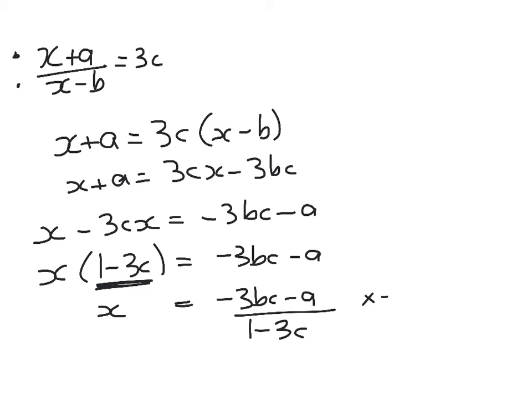And I'm going to multiply numerator and denominator by negative 1, and I get (3bc plus a) over (3c minus 1). Okay, last one coming up.